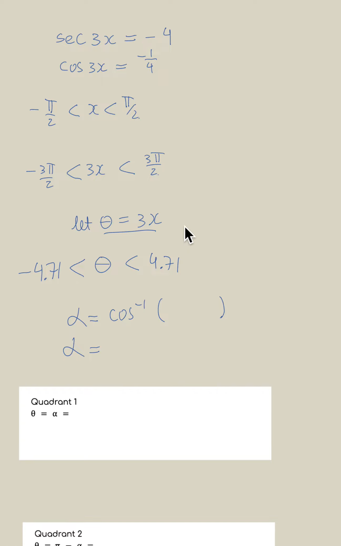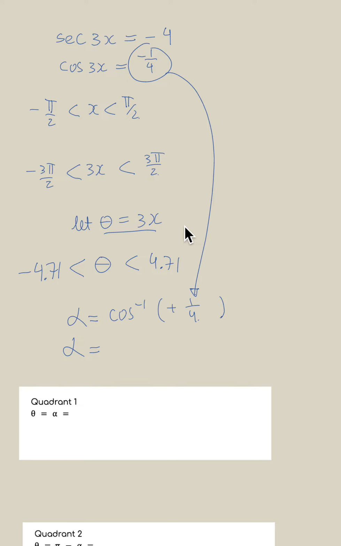Then we need to find the value of alpha, which is the basic angle. The basic angle here is inverse cosine of a number, and that number must be a positive number. So don't put negative 1 over 4, but put in positive 1 over 4.